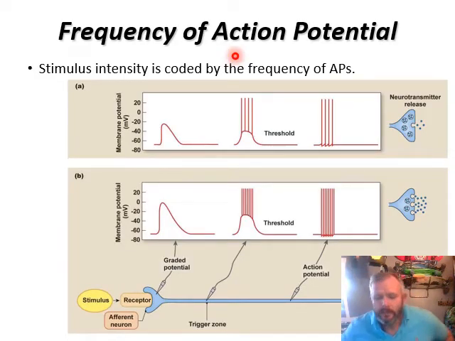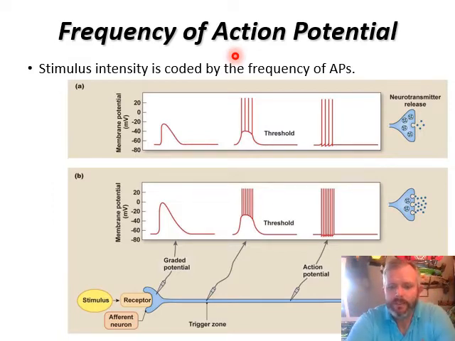All right, so let's look at frequency and action potentials. How fast a neuron sends action potentials, how frequently they do. Because if you remember, the action potential is an all or none phenomenon. It is going all the way or not at all. Okay, you can see here is a graded potential.